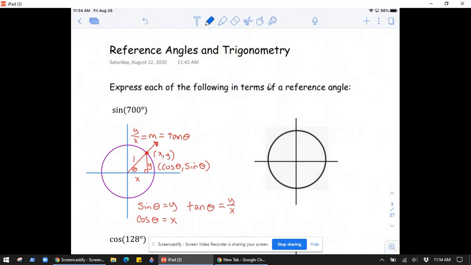So this says express each of the following in terms of a reference angle. Okay, so a reference angle is always an acute angle formed with the x-axis. It's called the reference angle because when we're thinking in terms of triangles, we refer to it to actually use the trig definitions to do these problems. So, sine of 700 degrees.